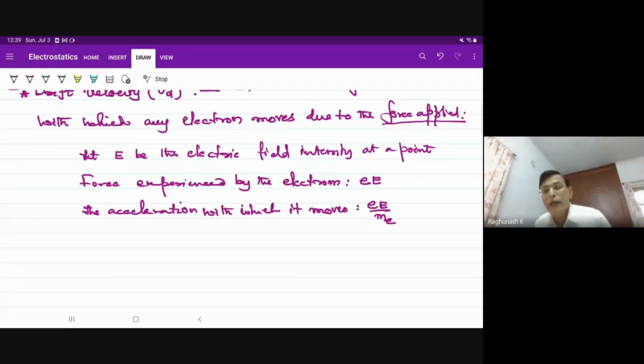It moves with continuously increasing velocity if it were to be moving through free space.